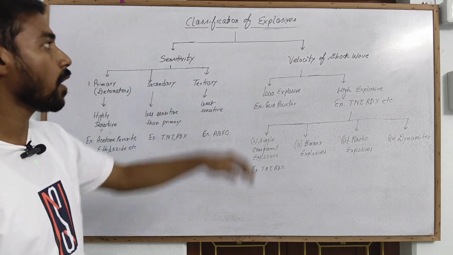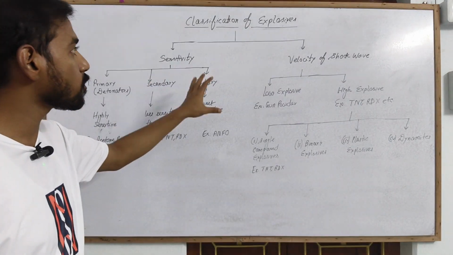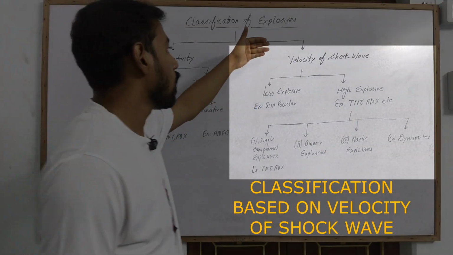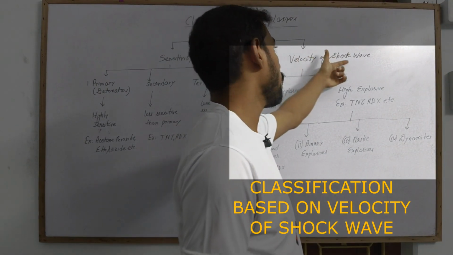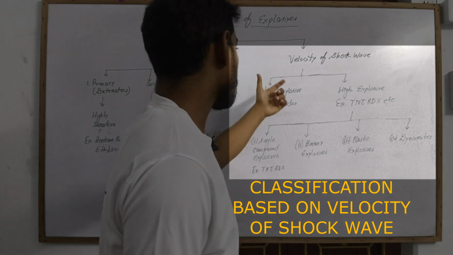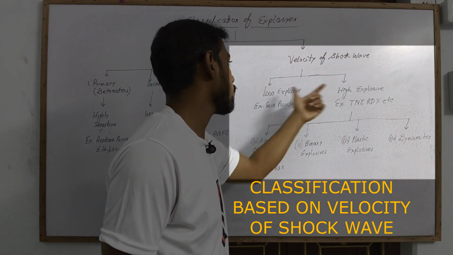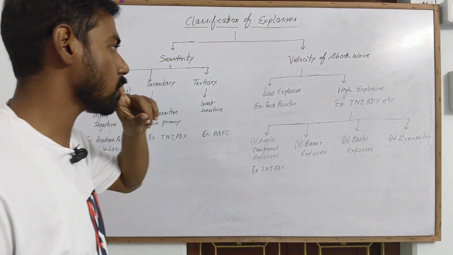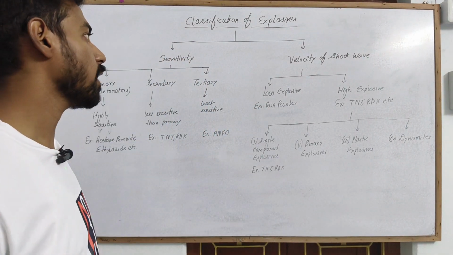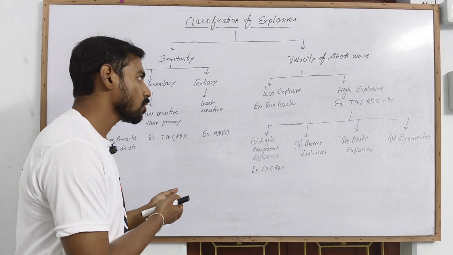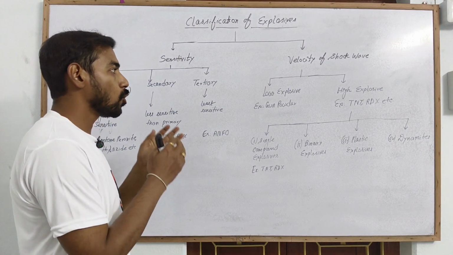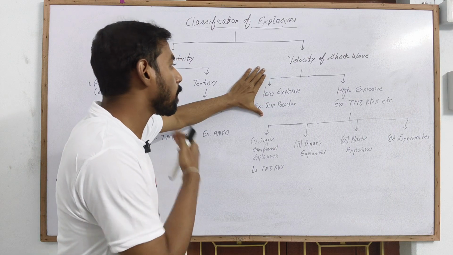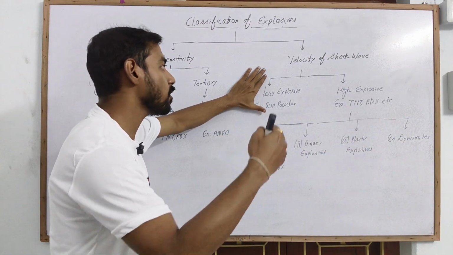And another one is that explosives can be classified based on the velocity of the shockwave. Based on the velocity of the shockwave, the explosives can be classified into two types, that is low explosive and high explosive. Now, what is actually low explosive? Low explosive means the substances which do not explode suddenly, and the shock wave travels very slowly.